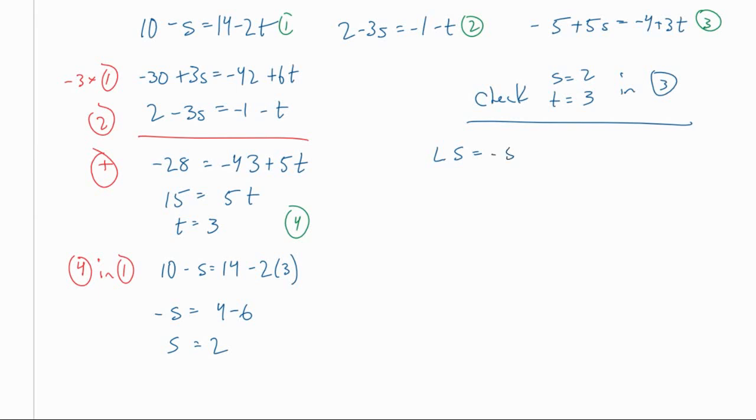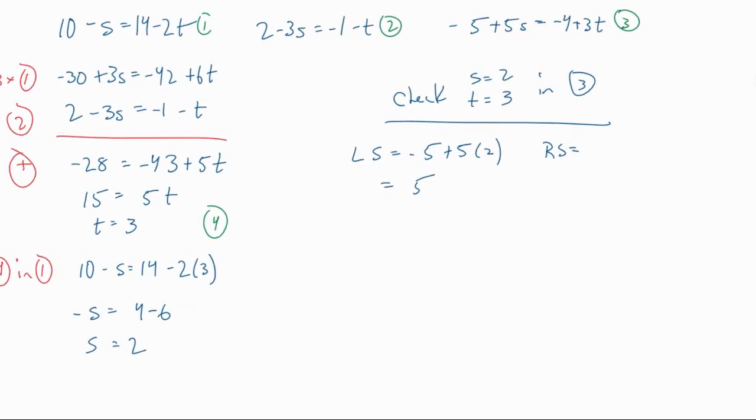So this looks like -5 minus 5 times s, which is, sorry, plus, which is 5. And the right side is -4 plus 3 times t, which is 3, which is -4 plus 9, which is 5.